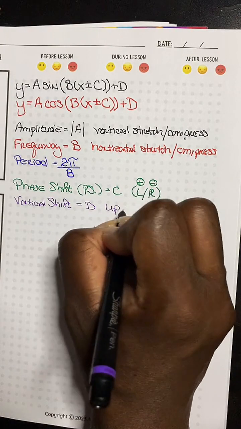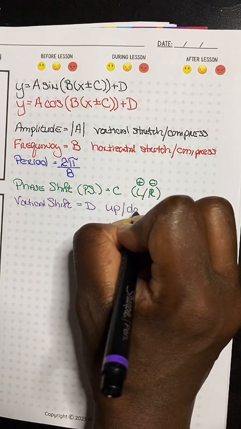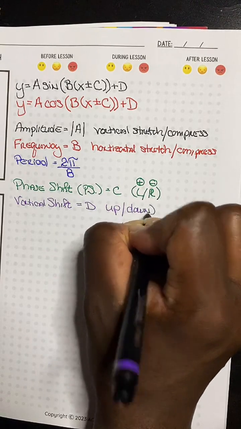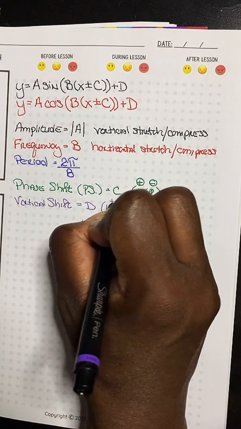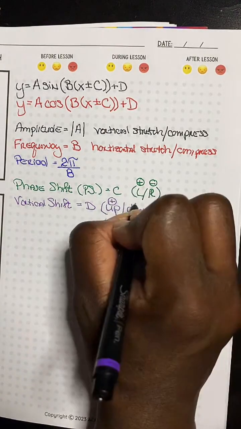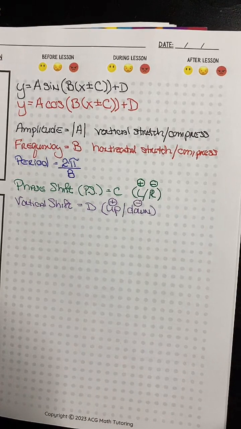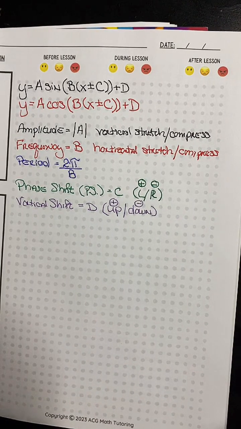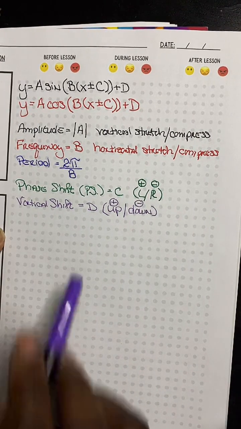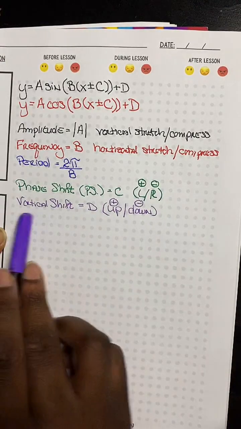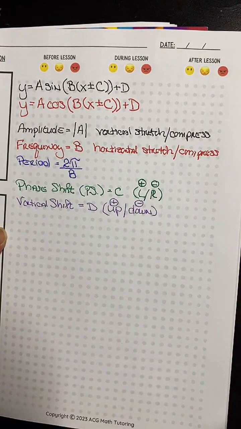So either you're going up or down. So if it's positive, you're going up. If it's negative, you're going down. All right. So phase shifts, opposite of what you see. Vertical shifts, do what you see.